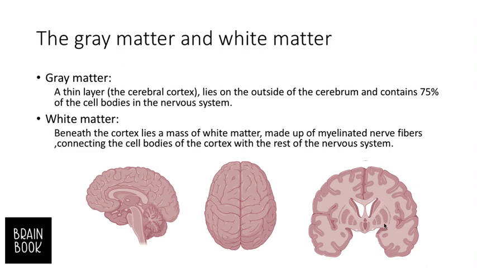Also, it is important to note that here, inside the white matter, we have some areas that contain the gray matter, and in the next slide we will talk about them.